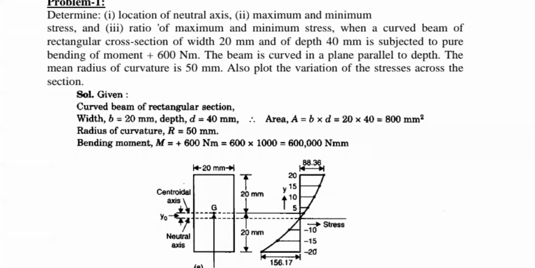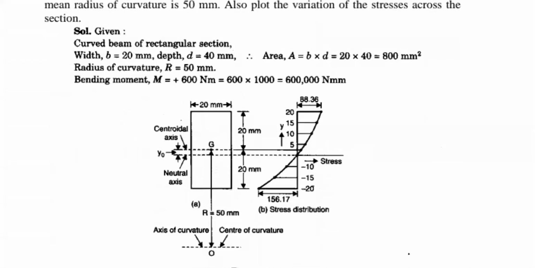Now you have to represent this in a figure, the same as we explained in our derivation part. Just draw the figure from the point O, the axis of curvature, to the central line, where we have the R value.